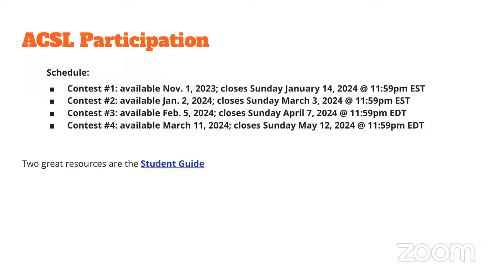So with ACSL, it is similar to the BCC in that you have a span of time for contest 1. It just opened today, November 1st. So if you are in our ACSL group or if you're in any classes, wait for your instructors to tell you they've covered all the material for contest 1 to compete in contest 1.